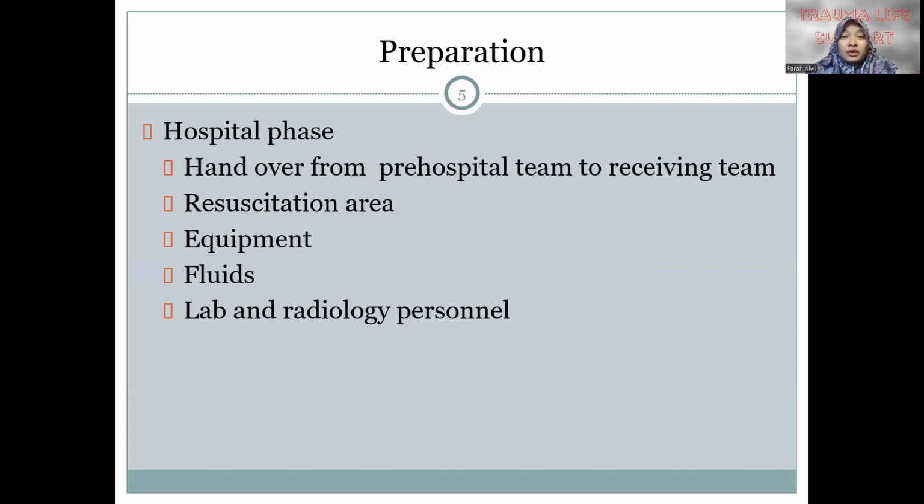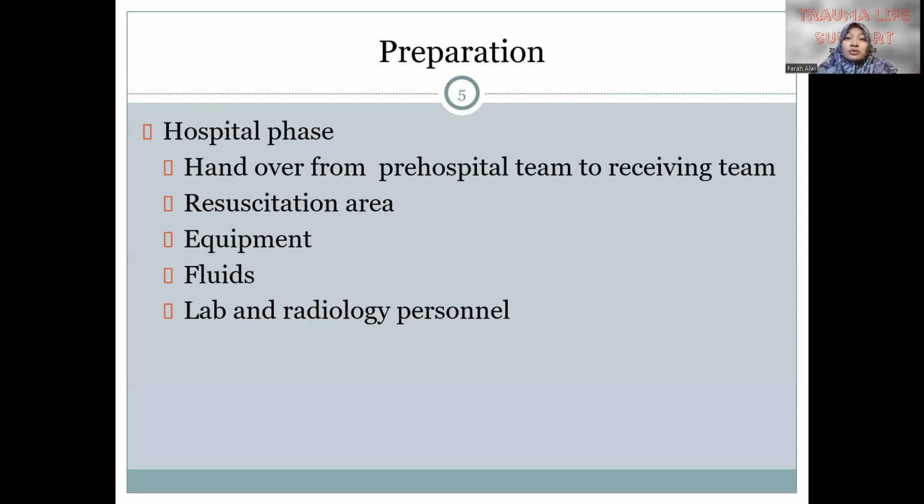Hospital phase. Even before the patient arrives, you have to prepare your team and assign jobs to your team. Then prepare your equipment and your resuscitation area. Make sure it's clean and you have your equipments ready: ventilators, your intubation sets, and your fluids warm and ready to go.